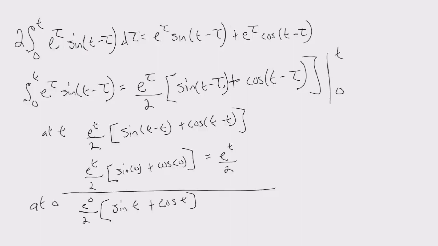Okay, so if I evaluate at t, essentially I just get e of t over 2. I get sine of 0 plus cosine of 0, which is essentially 1. And then if I evaluate it at 0, I should just get sine of t plus cosine of t.